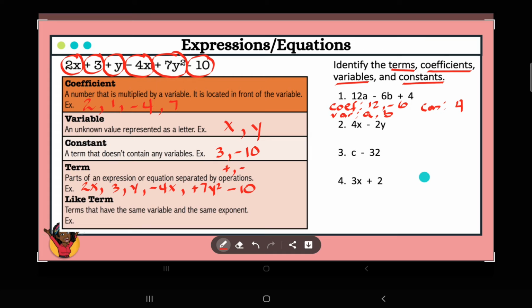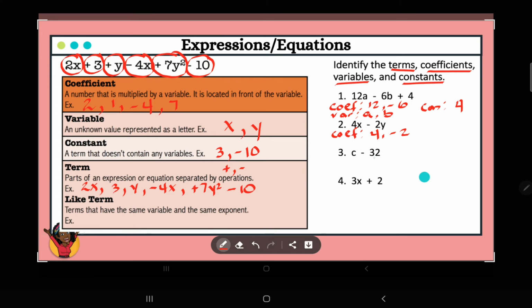For number 2, there are 2 terms. 4x is one term, negative 2y is my second term. My coefficients are 4 and negative 2. We always want to include whatever sign, whether it be addition or subtraction, that's in front of that term with the term. So this is a negative 2y, that's a negative 6b, that's a negative 32.